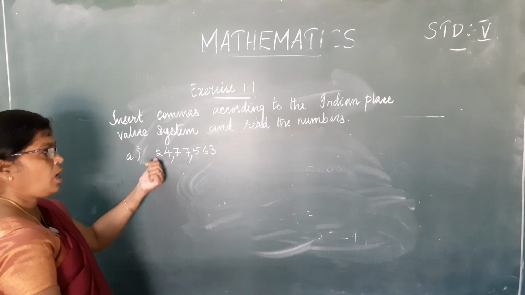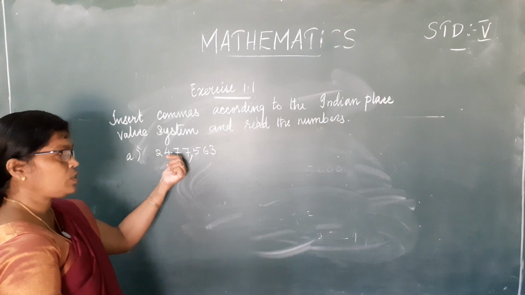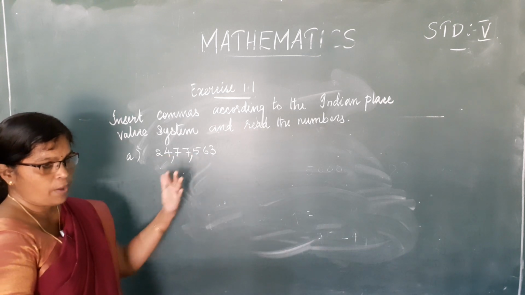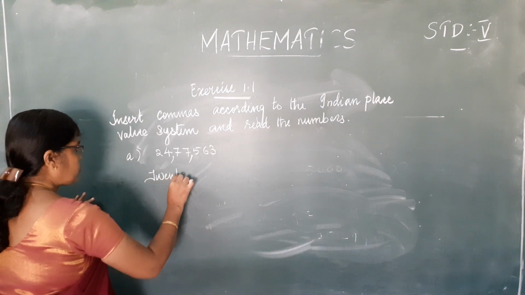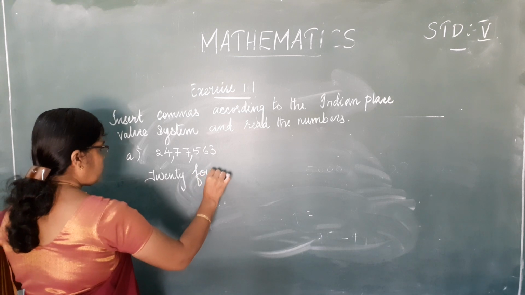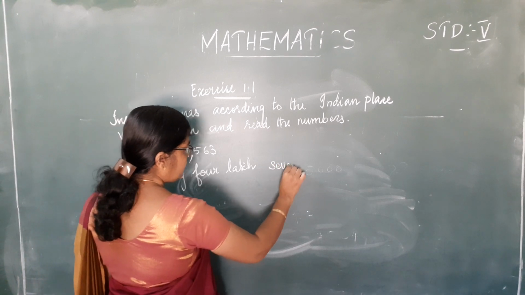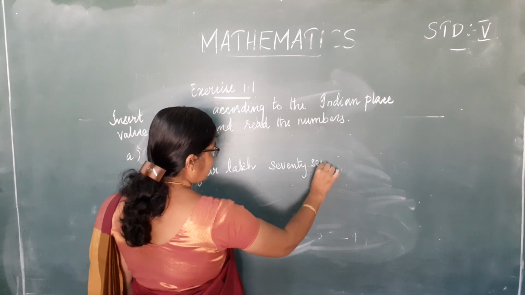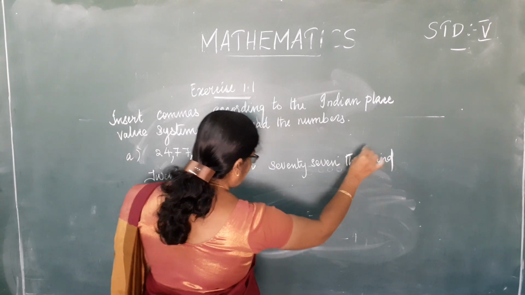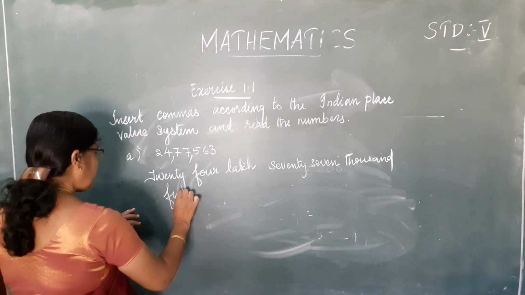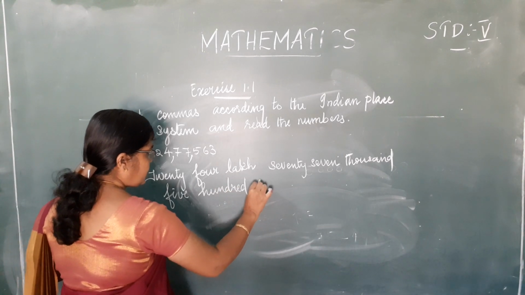How many lakhs? 24 lakhs. How many thousands? 77,563. We have to write that number: 24 lakh 77,563.